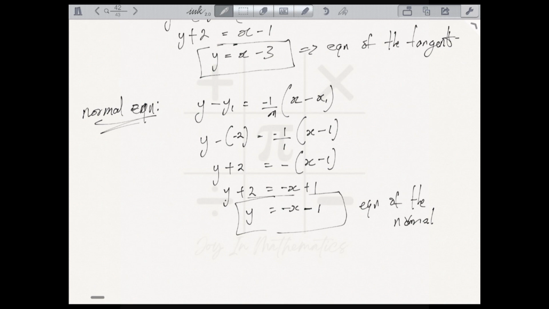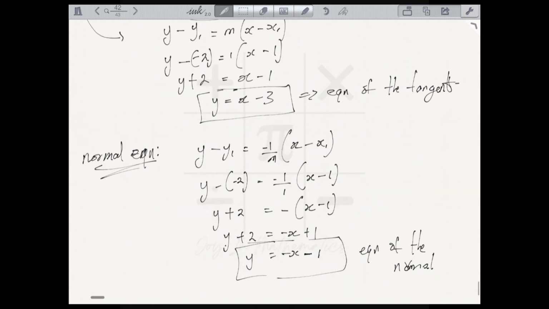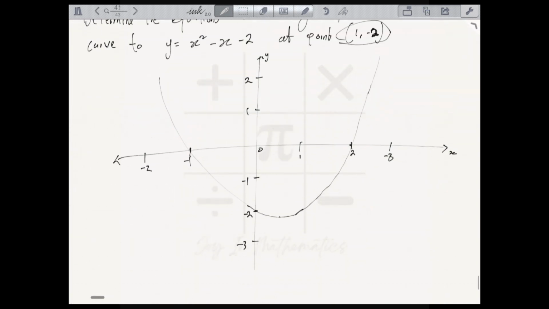Now, if you go back to the graph that was given to us, we know that this is the point that we are considering, (1, -2). The tangent is going to look similar in this way.